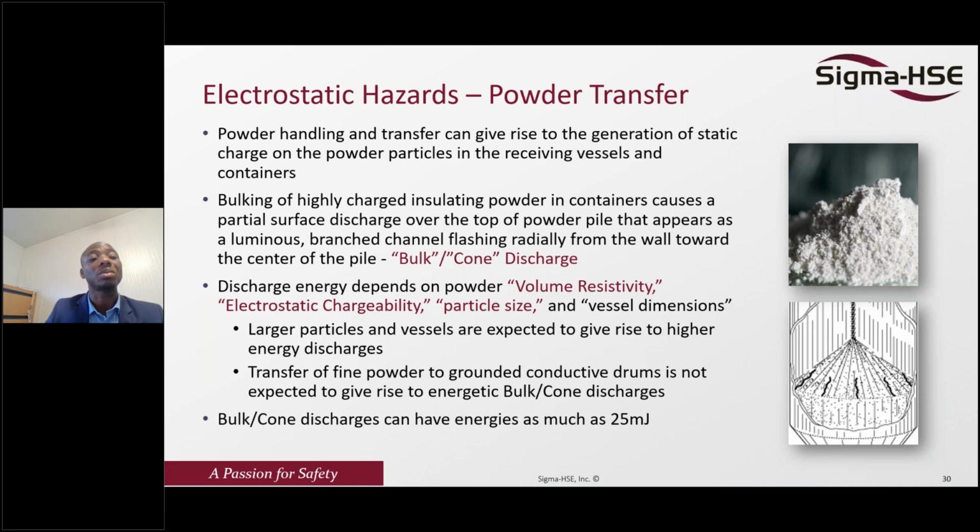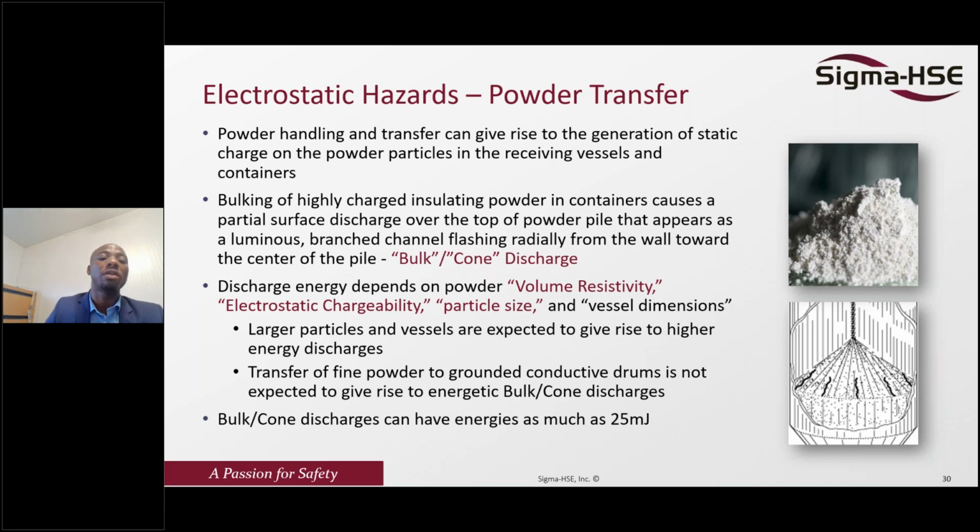What about powder? During the transfer of powder, static electricity is generated, which depends on maybe the particle size. I mentioned initially we have something called cone discharge or bulk discharge, where you have maybe a silo where you drop the material by gravity or by pneumatic conveying system.